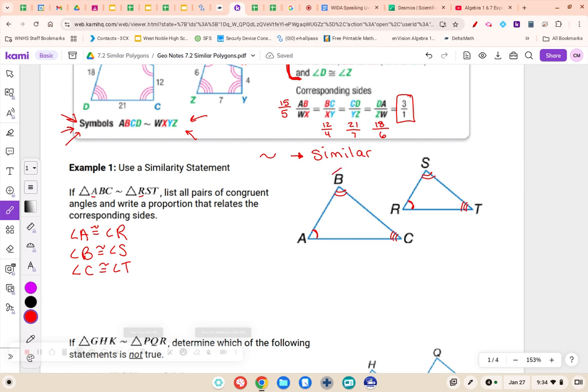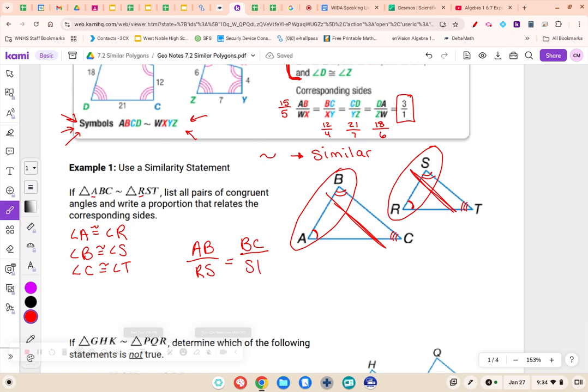So we know segment AB is similar to segment RS. So we have AB over RS equals, we'll look at the other segments as well, BC over ST, which is equal to AC over RT.